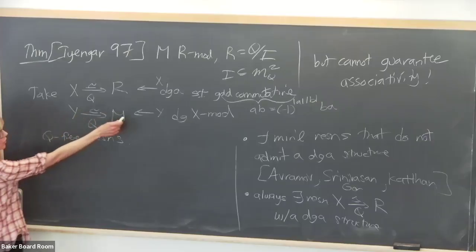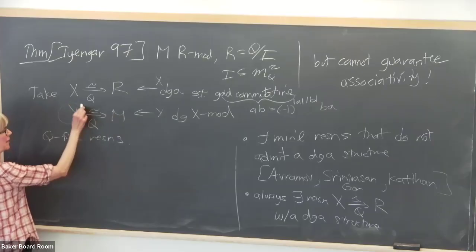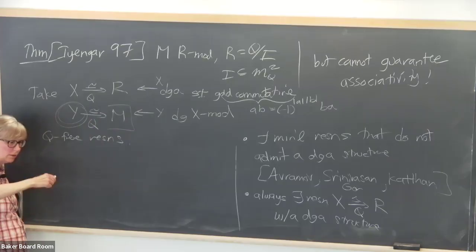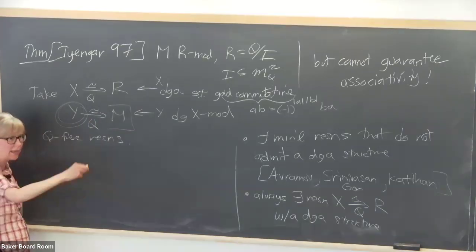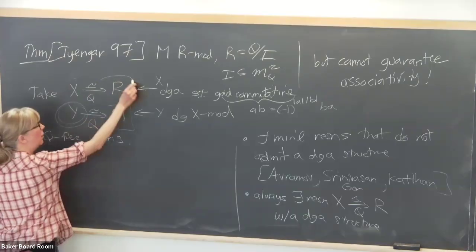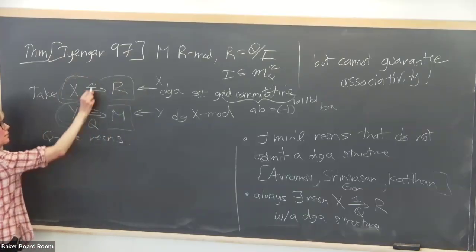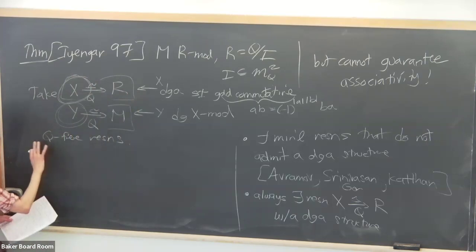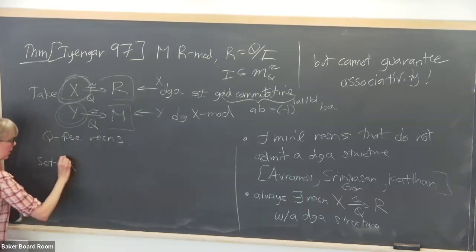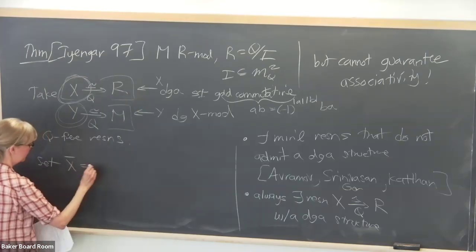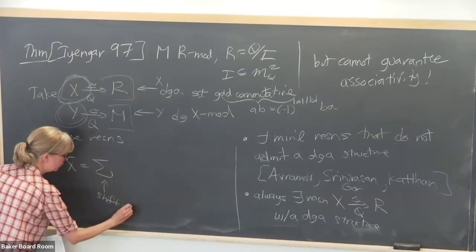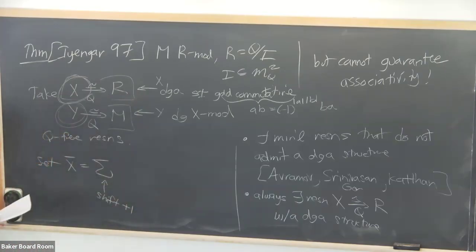We're going to put the module on the right, but we've replaced it with Y. And instead of putting R's, we're going to put X, X, X, X, and make a bar complex. We also want the reduced one, so I have to reduce the middle factors a little bit. So let's set X bar to be a homological shift of plus one, so that it's higher.